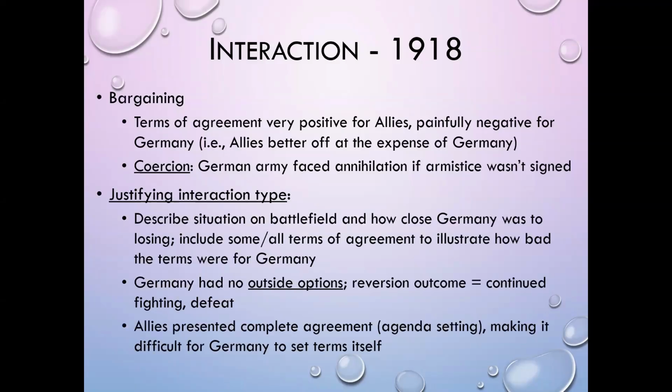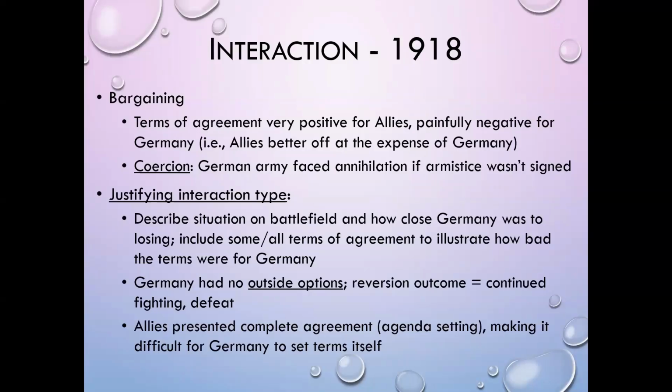Well, I would describe the situation on the battlefield and how close Germany was to actually losing. And I might include some or all of the terms of the agreement to illustrate how bad the terms were for Germany. I might also talk about the fact that Germany had no outside options. If Germany maybe had another ally who was going to come in on Germany's behalf, maybe it had an outside option to signing.